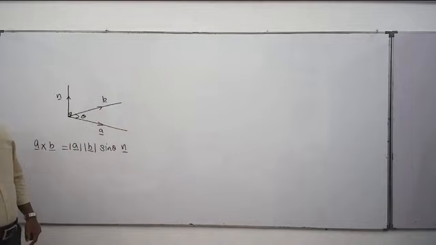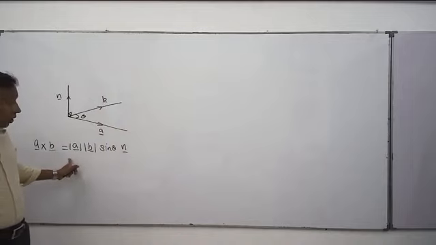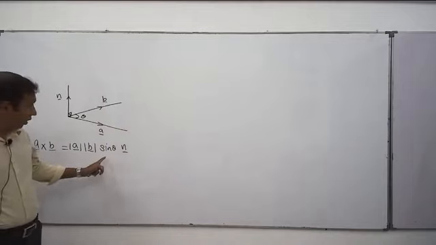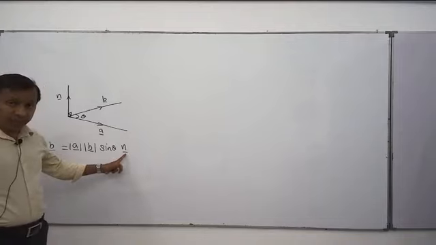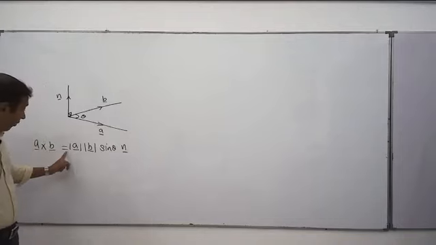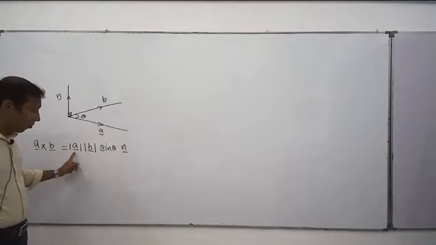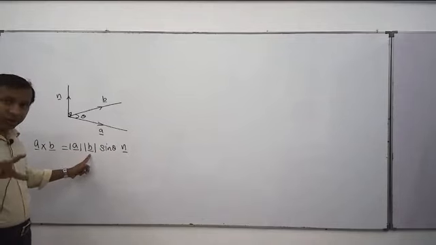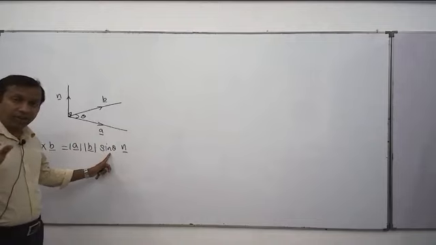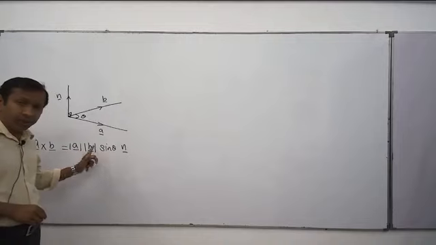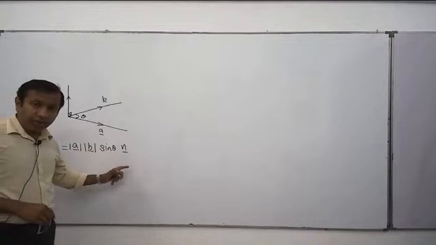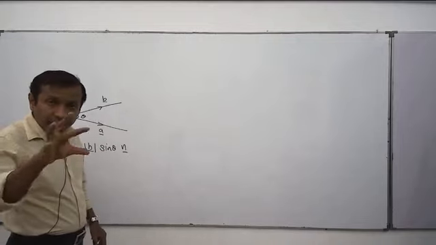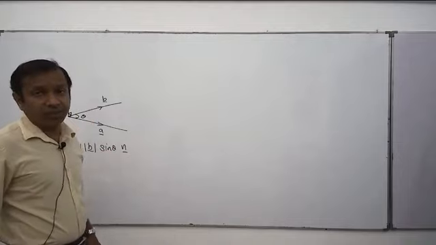So there we further said this is called a vector product because the answer is a vector. On the right hand side, mod A is a value, a real number, mod B is a value, a real number, sine theta is also a value that lies between -1 and +1. Then this product is a real number multiplied by a unit vector, which means, people, the right hand side answer is a vector.